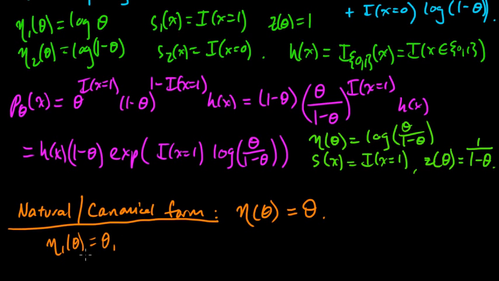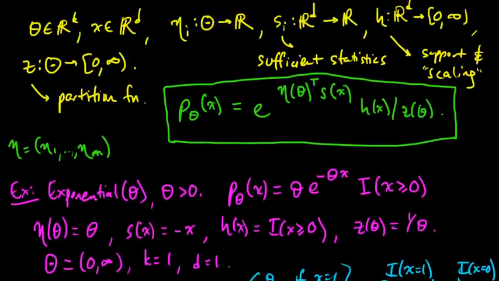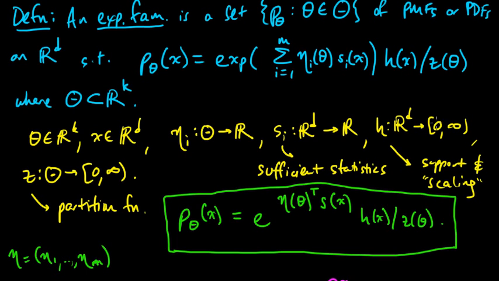So eta 1 of theta would be theta 1. Remember, m was the number of functions, eta 1, eta 2, up to eta m, and k was the dimension of the space that theta lived in. Let's go back up here and remind ourselves of this.